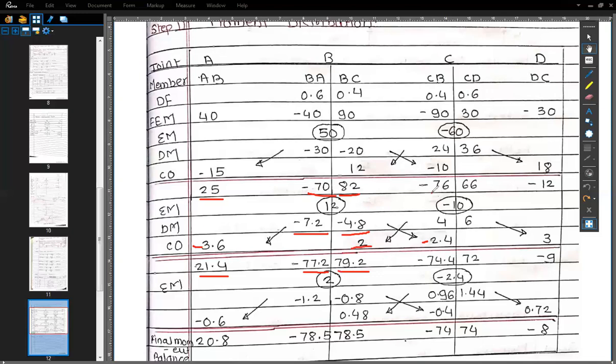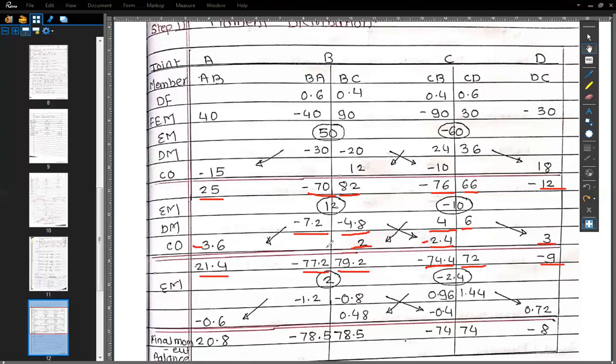Okay, then minus 76 plus 4 minus 2.4, it comes as minus 74.4, and then 66 plus 6, that is 72, and minus 12 plus 3, that is 9. Okay, so these are the movements which are still to be balanced.